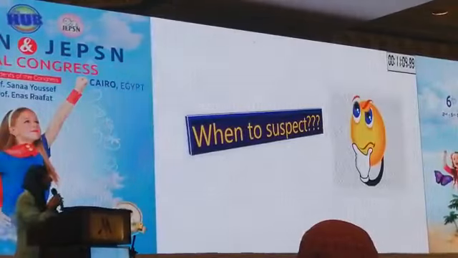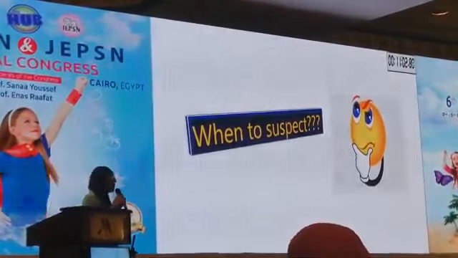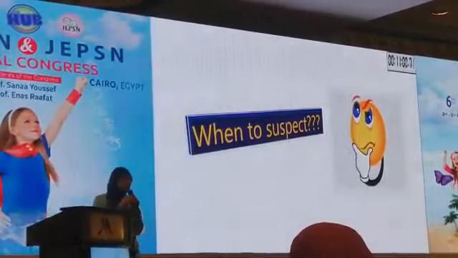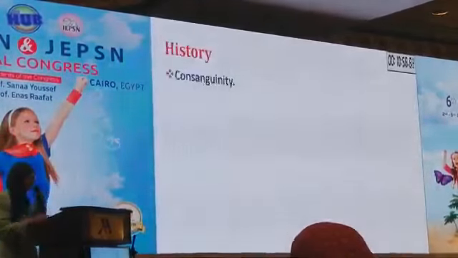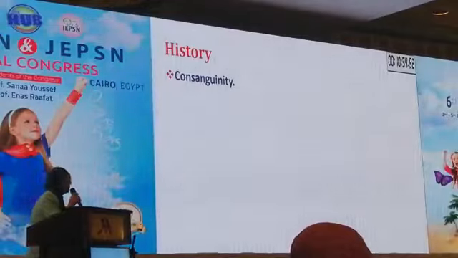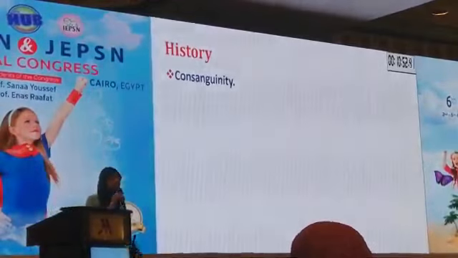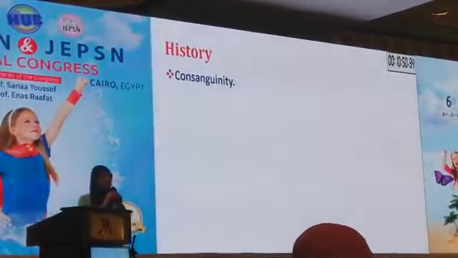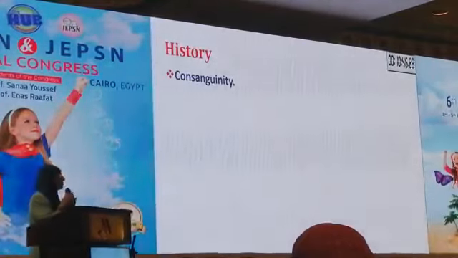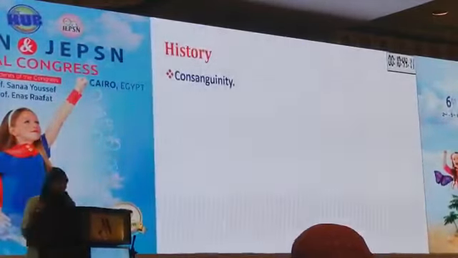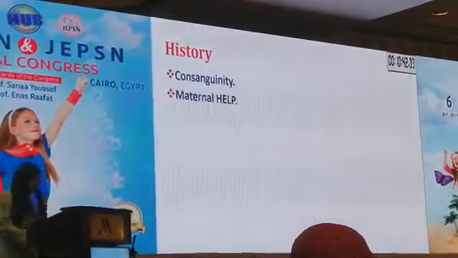The most important question most of us need to know is when I should suspect a metabolic disorder. History is very important, as all of us know that most metabolic disorders are autosomal recessive. So by history, we can find that the parents are consanguineous, or you can find a history of another sibling who is affected by this metabolic disorder.